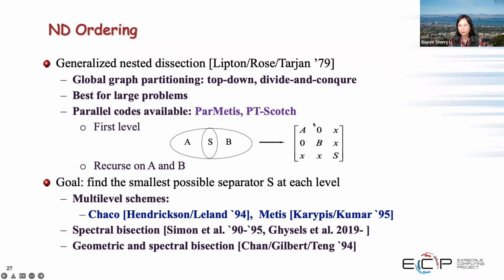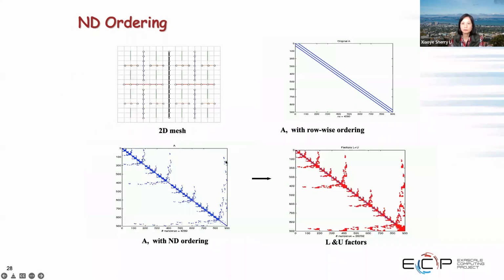So you reorder the matrix in here. The big research area is how to find the separator. You want the separator to be as small as possible, so that if the separator is small, then the blocks are big, so your 0 blocks are maximized. That's the main goal of this optimization. There are a lot of papers on that.